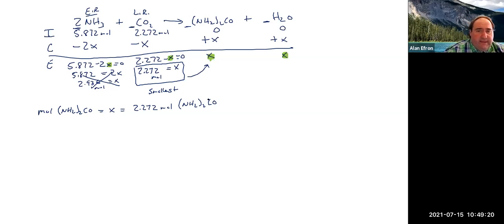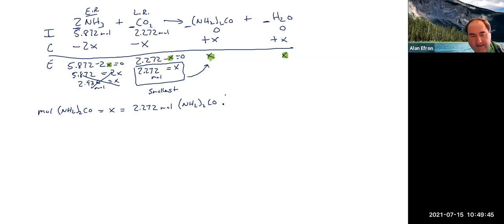And I believe in this case, they did not give us the molar mass of that guy. So we do need to calculate the molar mass of it. So that is 2 times 14.01 from the periodic table for the nitrogen, plus 4 times 1.008 for the hydrogens, plus 12.01 for the carbon, and 16 for our oxygen.